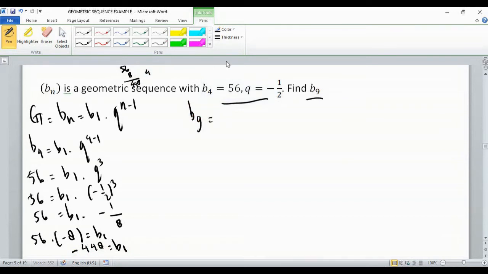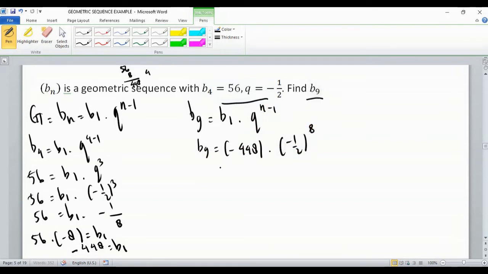The ninth term is equal to the first term times k power n minus 1. Because we're talking about the ninth term, B9 is minus 448 times k, minus half, power 8.